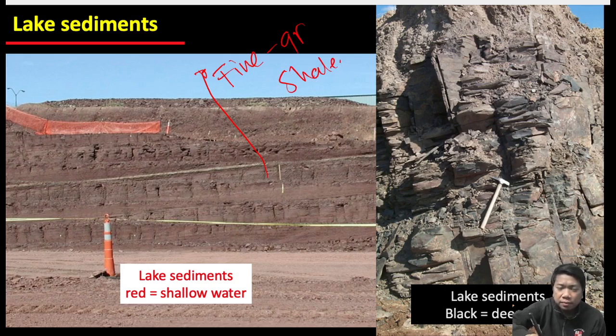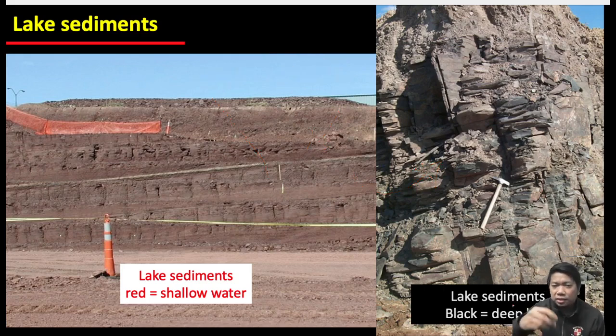Okay, sometimes the shale can be reddish. That looks something like this, it has some nice red color in it. But occasionally we also have some dark colored shale as well. Okay, the color of these shales actually gives you a little bit of a clue about the water column of the lake.